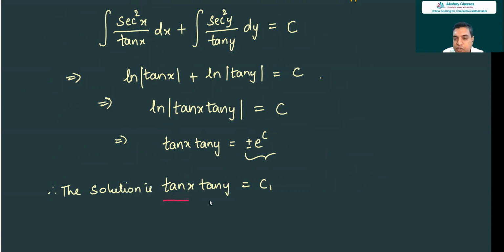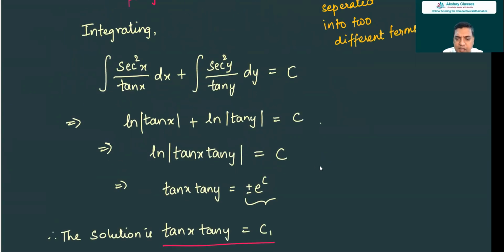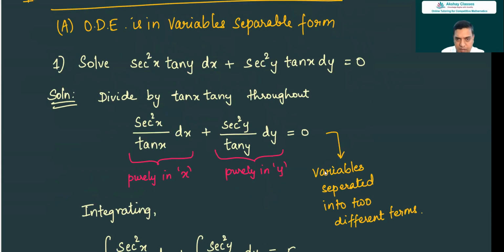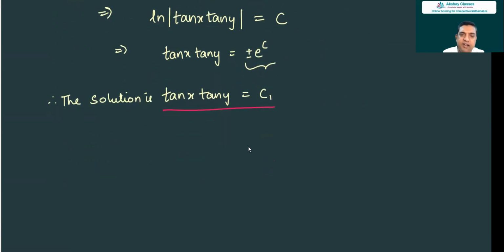I have simplified the solution like this, or we can leave it here, doesn't matter, but this is a more elegant solution: tan x tan y equal to c. So this is the separation of variables, variable separable form. After we separate the variable x and variable y into two different terms and then integrate, that is the separation of variables form.